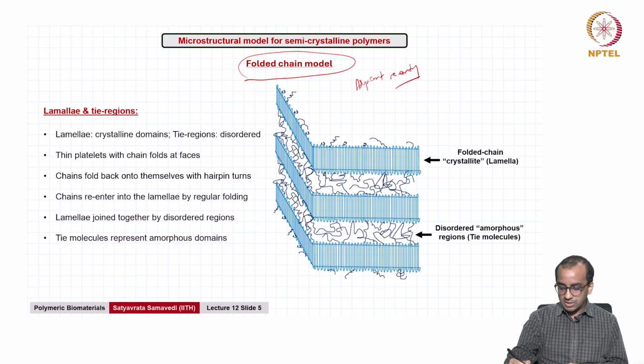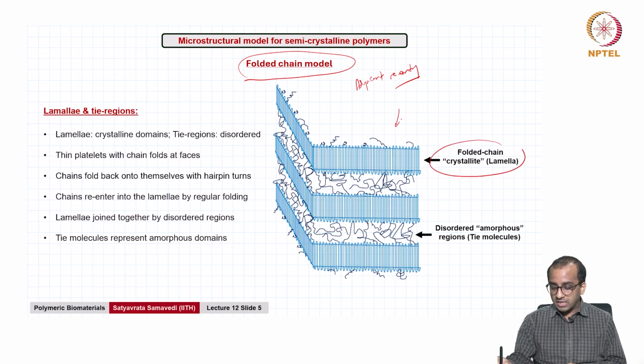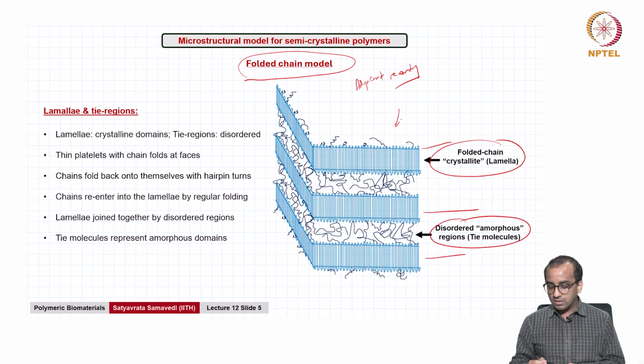If you notice this cartoon here, it shows these folded chain crystallites or lamellae and different plates of these lamellae connected together by disordered amorphous regions, which are called tie regions or tie molecules. These typically represent chain ends, for example, which can't participate very easily in the crystal structure itself. So, they remain dangling, and those can help connect multiple lamellae together as well.